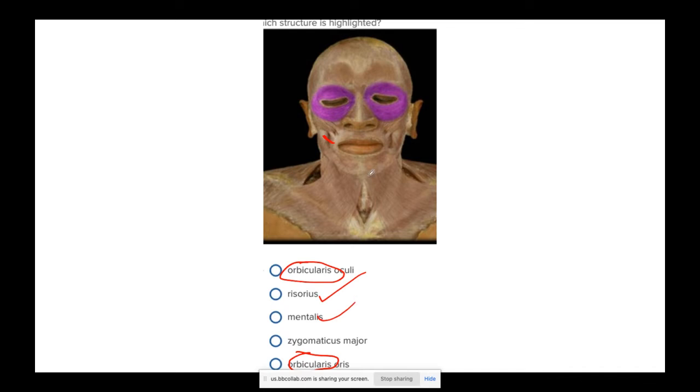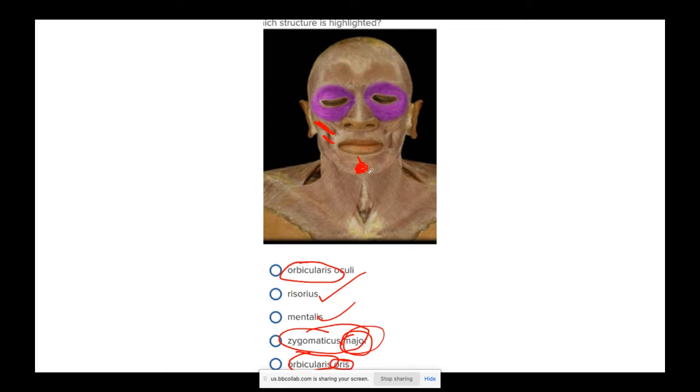Could it be the mentalis? Well, no, mentalis is near the mental bone, right? The mental protuberance of the mandible. Could it be the zygomaticus major? And if there's a zygomaticus major, there's going to be a zygomaticus minor, but that's near the zygomatic bone. That's over here. Now we have to choose between orbicularis oculi or orbicularis oris.